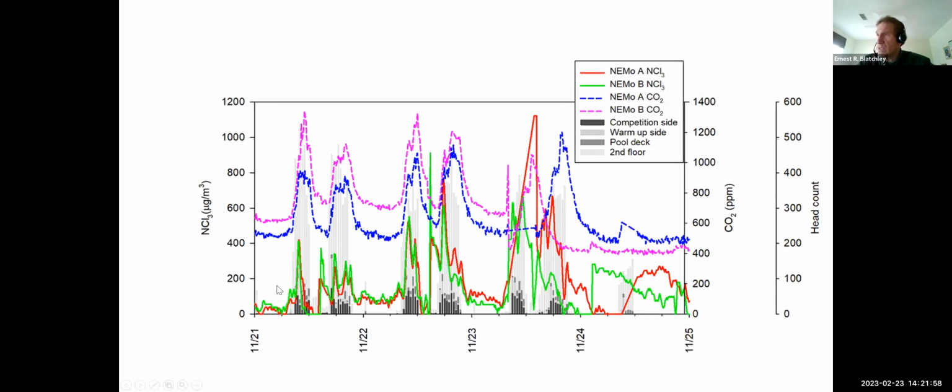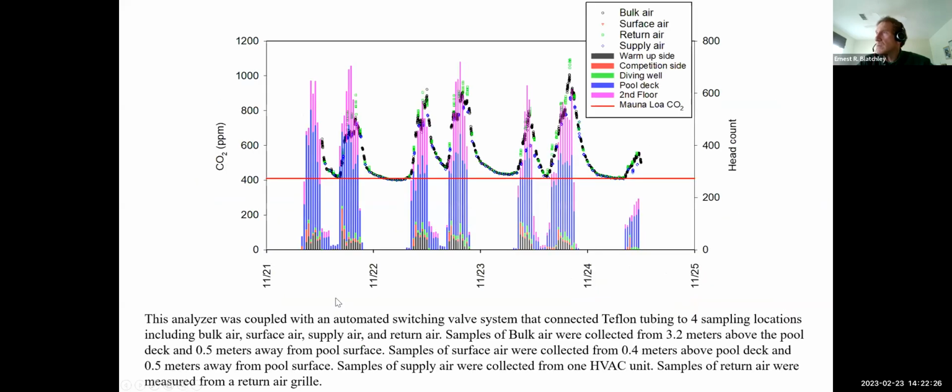Again, what we observe is a very strong relationship between the number of people who are present in the pool and these peaks that show up in the concentration of gas phase trichloramine or gas phase carbon dioxide. Moreover, the shapes of these peaks and the timing of these peaks, both for carbon dioxide and for trichloramine, are almost identical. They match each other quite well. And I'll show you more data to illustrate this later.